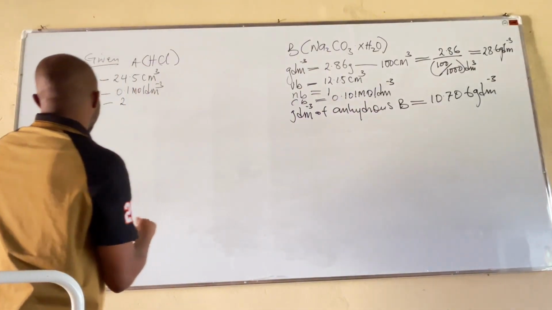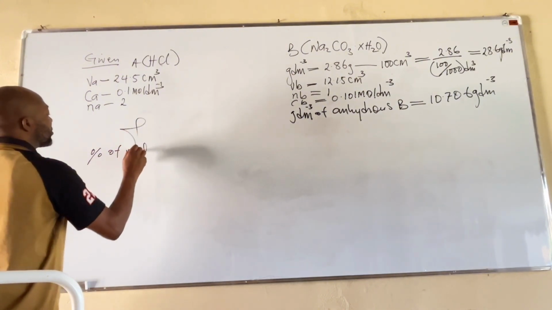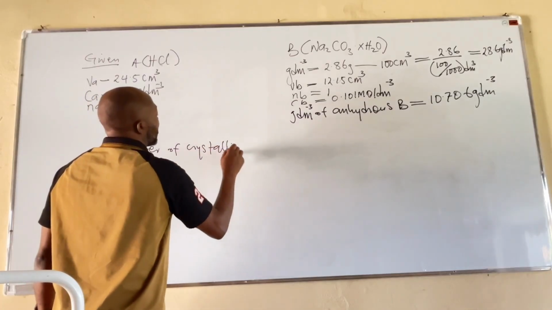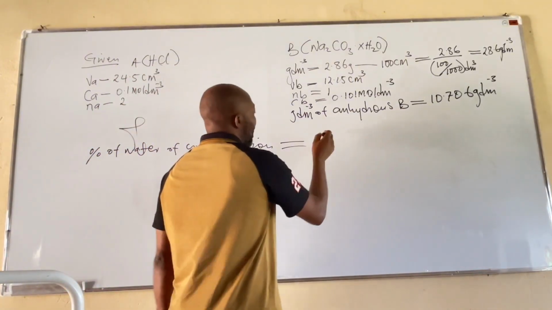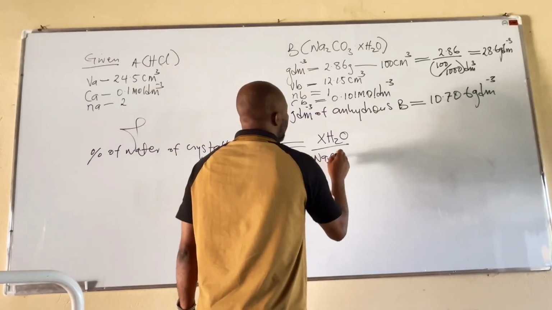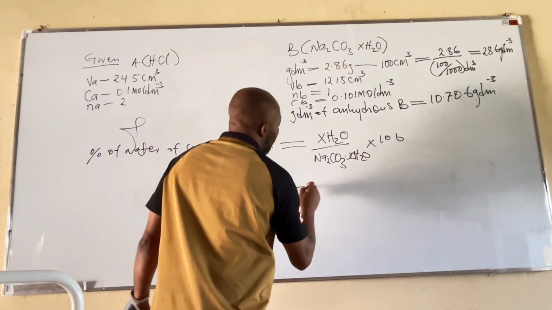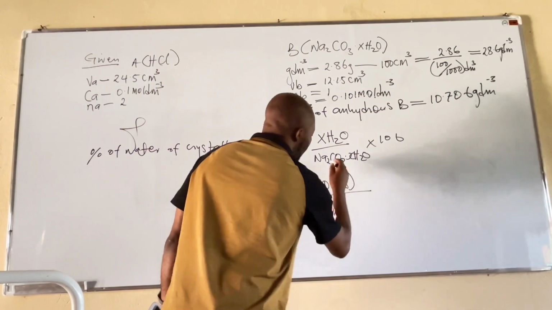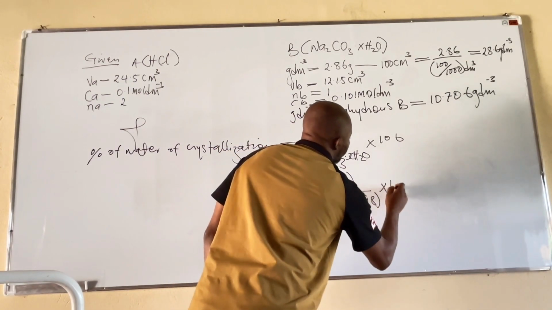Lastly, the percentage of water of crystallization equals the X water over the compound Na2CO3.XH2O, times 100. The X we're having now is 10. The relative molecular mass of water is 18, so it is 10 times 18 over 106 plus 10 times 18, times 100.